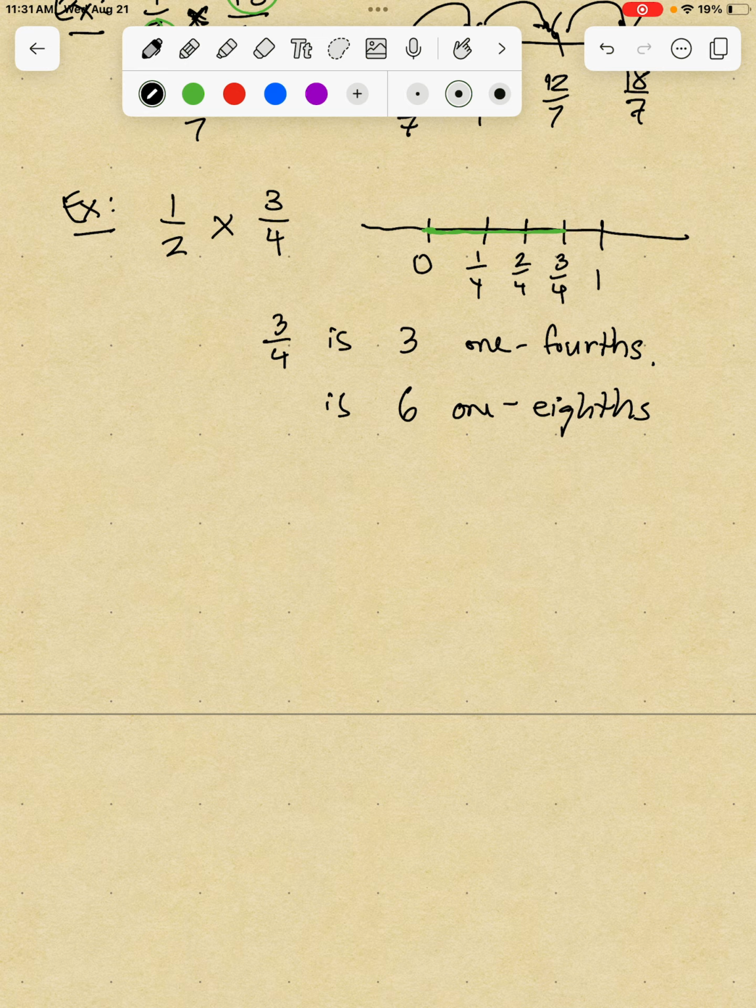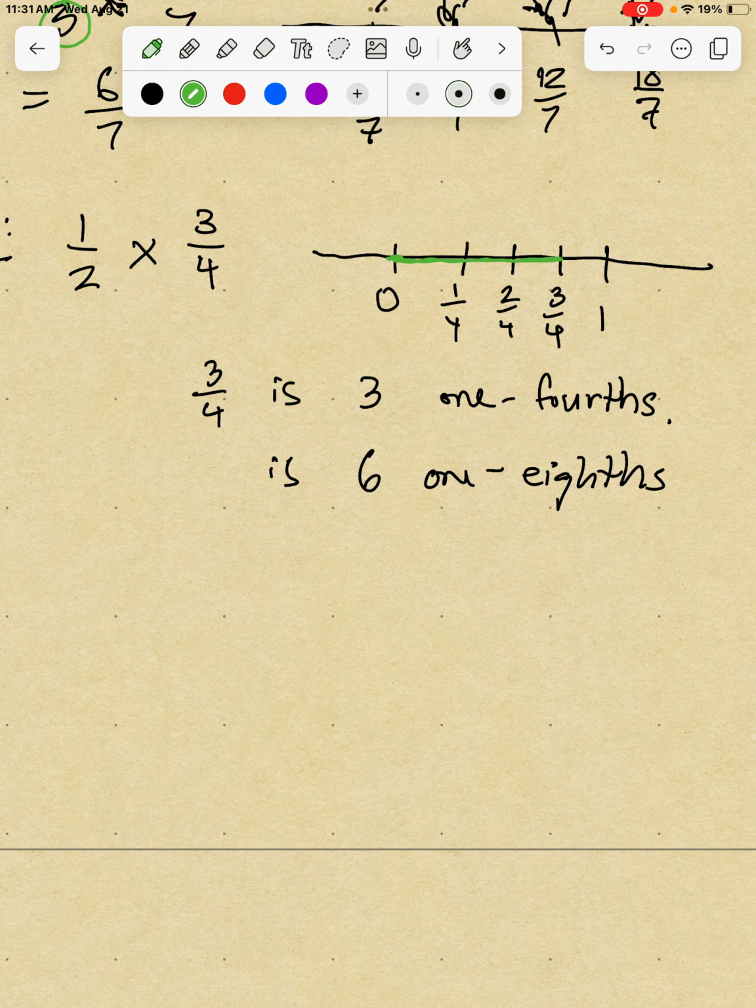Because I can take my 3 1/4, so here's 1/4, here's another fourth, here's a third fourth, and I can split them into 2 pieces like this. And when you do that, you're going to have 6: 1, 2, 3, 4, 5, 6 pieces.